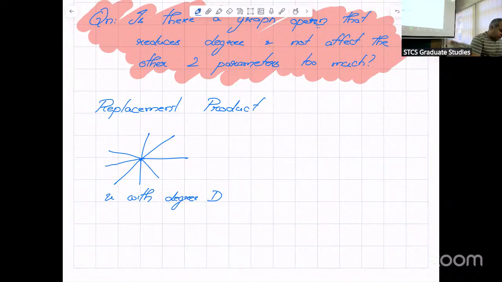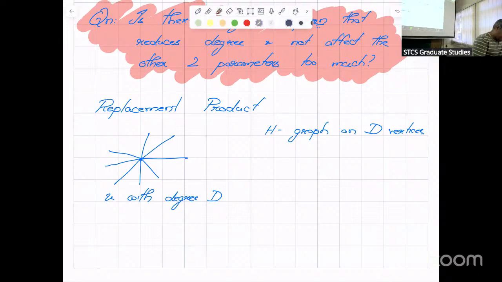So now think of H as a graph on D vertices. What we will do is we'll put a cloud at the vertex U. So H looks like this.